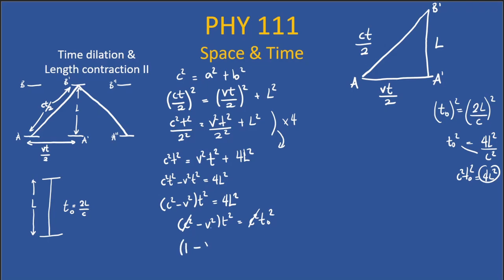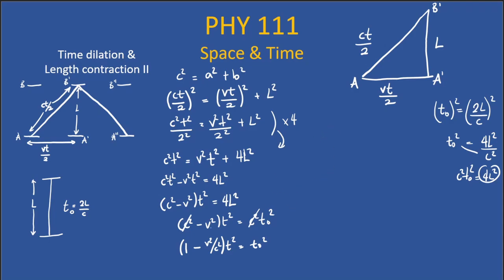So let's do that. 1 minus v squared all over c squared times t squared is going to be equal to t naught squared. Let's go back to the top. So remember, we're trying to look for t, the new dilated time that happens when something moves at close to the speed of light.